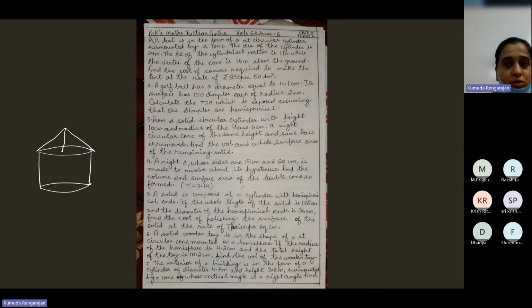Now, this is the altitude of the cone, and this is the radius. This is 90, so this will be 45 here and 45 here. So now this is a right isosceles triangle. This is 45, this is 90, so this is also 45.